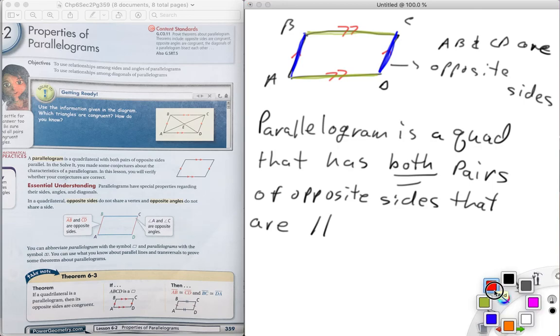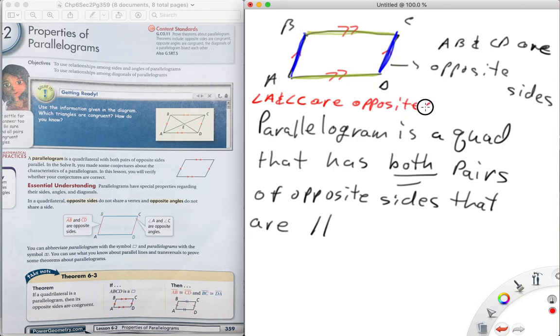So angle A and angle C are opposite angles, just like B and D are opposite angles, and BC and AD are opposite sides because they are directly across from each other. You can even think of them as the diagonals. The angles that form the diagonals, we can also say are the opposite angles if you want to see it that way.